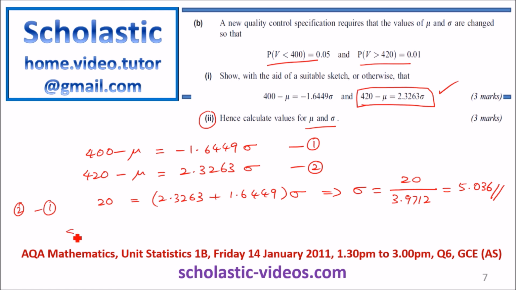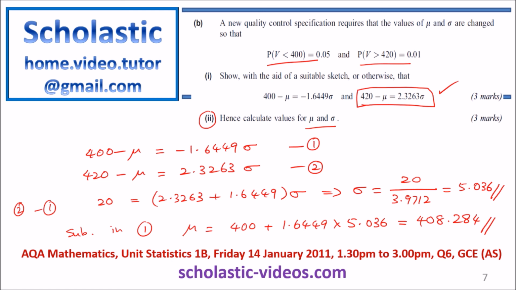And then substitute in 1 if you want, 1 or 2, whichever you like. Then mu is equal to 400 plus 1.6449 multiplied by 5.036, which is equal to, you can use your calculator, 408.284.